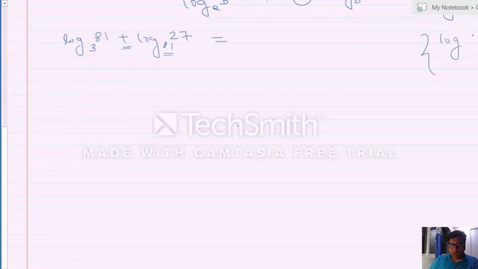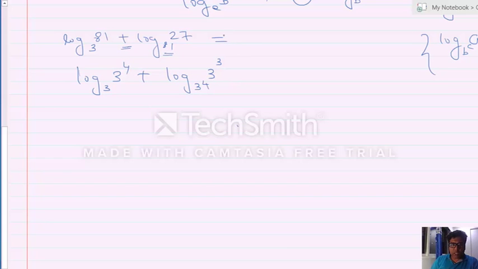That rule is log a base b raised to c can be written as 1 by c log a to the base b. I'll use this rule here to make you understand. See the first thing, log 81 to the base 3 can be written as log 3 raised to 4 to the base 3 plus this can be written as log 3 cube, and 81 can be written as 3 raised to 4.